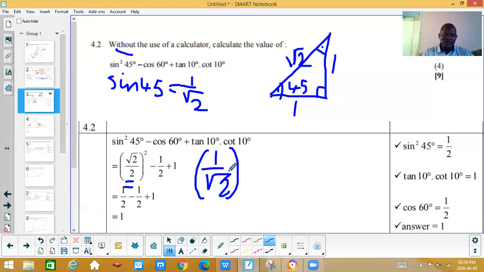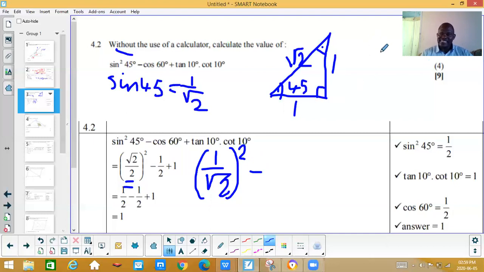That is why I wanted to represent this one like this. Because this one has been rationalized. If you don't use the calculator, it will be 1 over root 2. Because they're saying without using a calculator, once this one is seen, it's a sure sign that you have used the calculator. Now, let us go on to cosine 60.